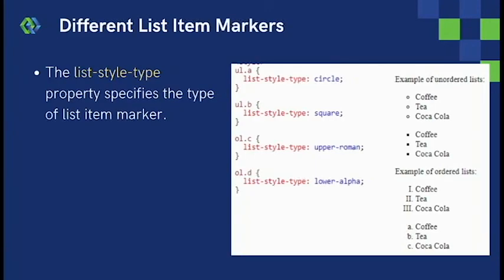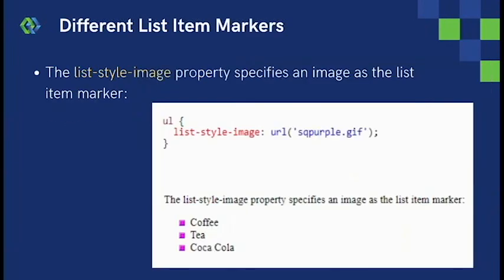Okay, we have different list item markers. So we're going to use the list type. The list style type property specifies the type of list item marker. So you can have a circle, square, upper Roman, lower alpha. So this is the sample output for this code. And then this is pwede po ka magamit og image.